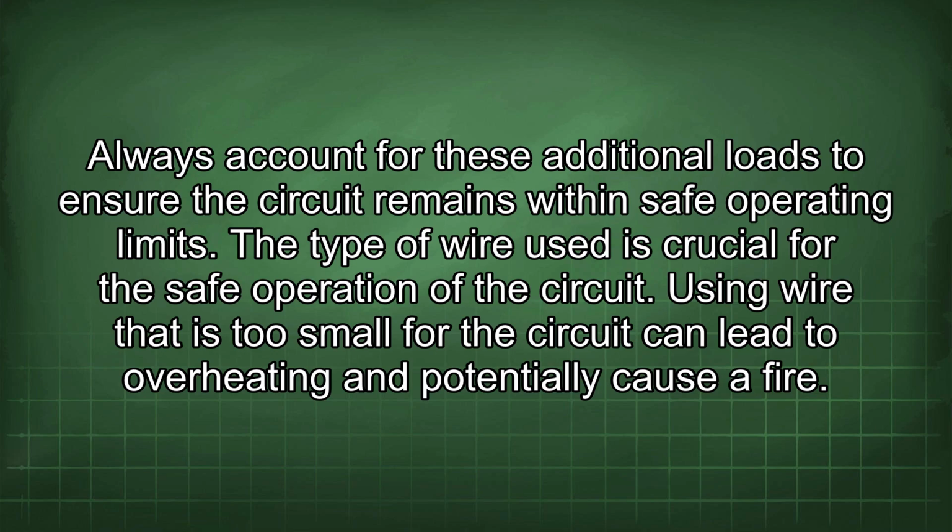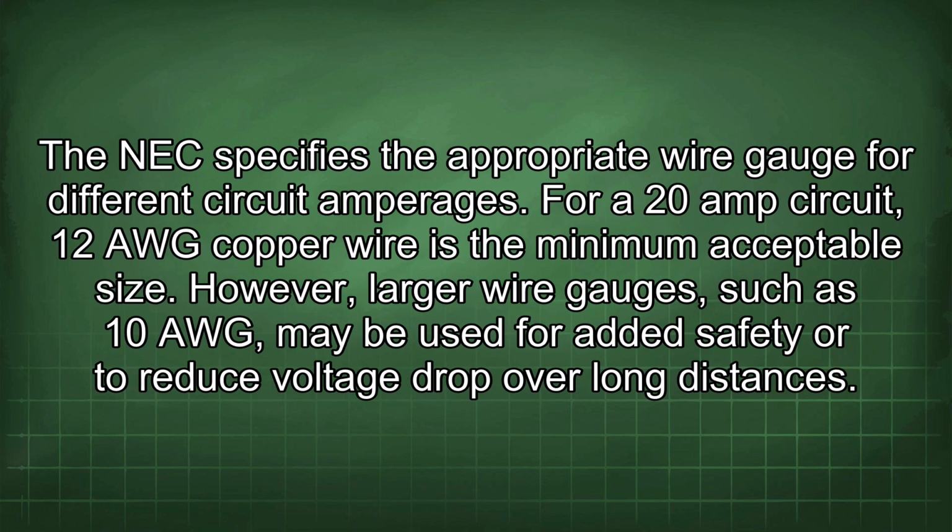The type of wire used is crucial for the safe operation of the circuit. Using wire that is too small for the circuit can lead to overheating and potentially cause a fire. The NEC specifies the appropriate wire gauge for different circuit amperages. For a 20 amp circuit, 12 AWG copper wire is the minimum acceptable size.